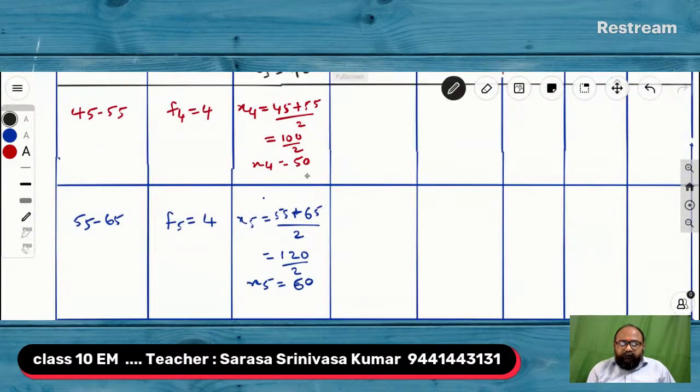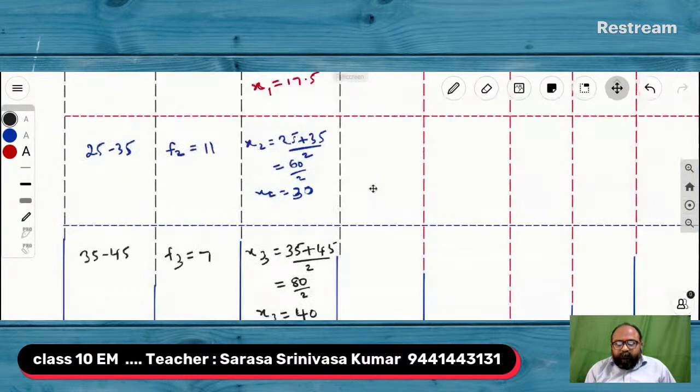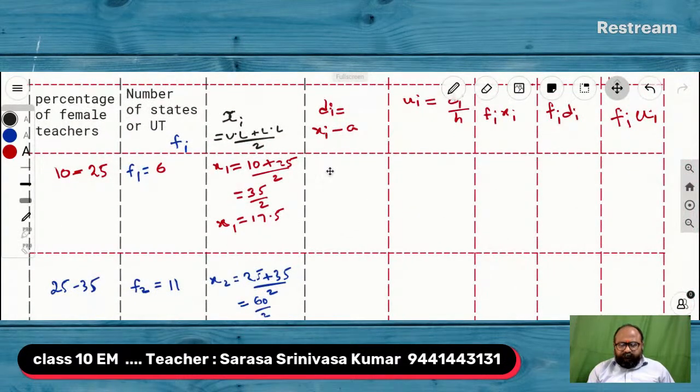So we write it here. This is assumed mean A. x4 equals assumed mean A. We take this as A. Now we calculate, remember x4 is 50. Now we calculate the fourth column.